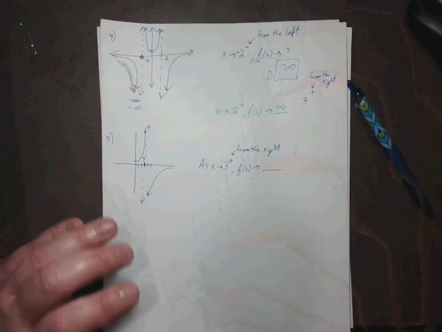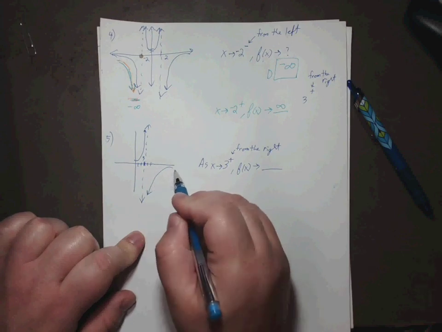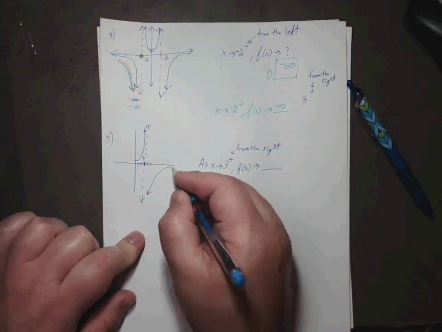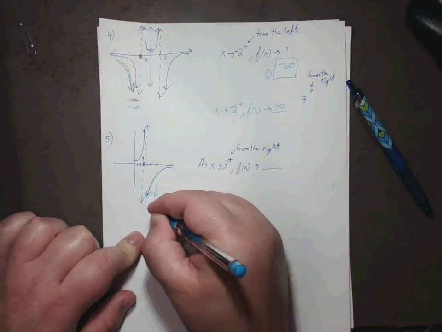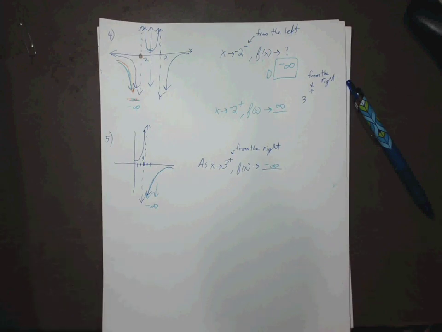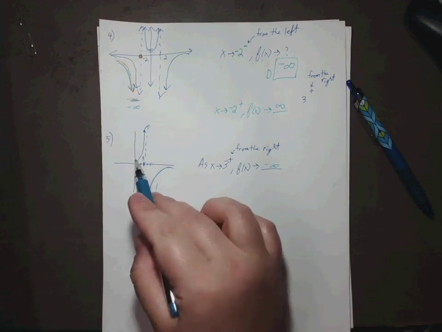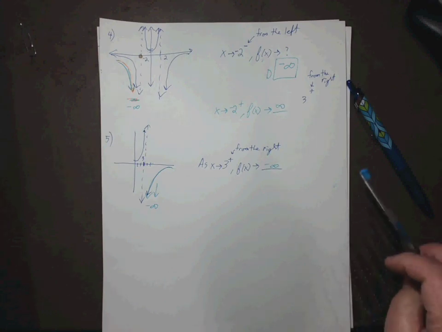Okay, so if we're looking here, as we approach 3 from the right, what is the graph doing? It's going down. It's going down to negative infinity again. Here it's going to negative infinity. If you'd approach it from the left, it'd have gone up to positive infinity. Okay? That's not what we were asked here.